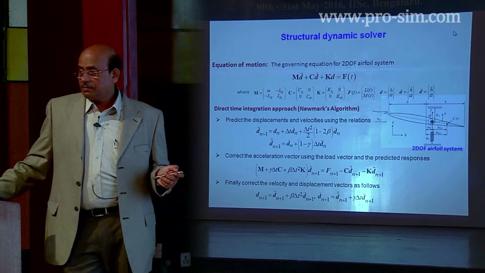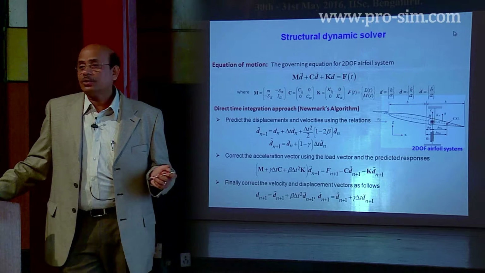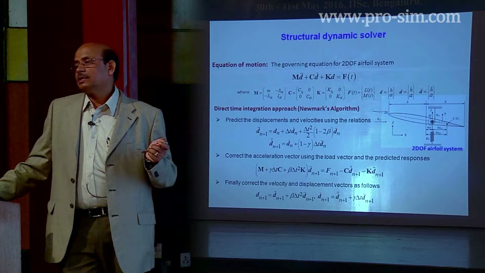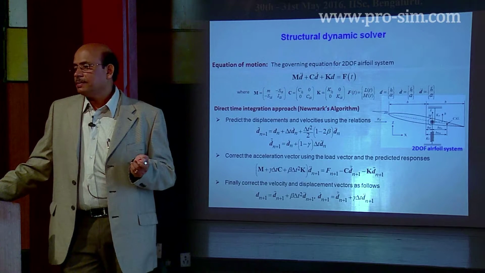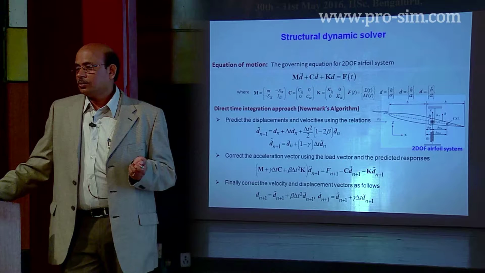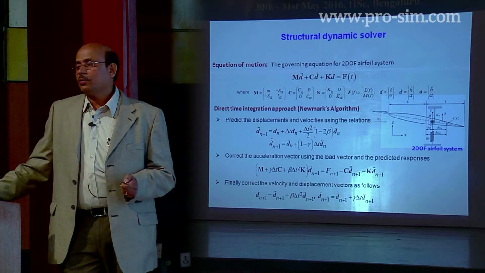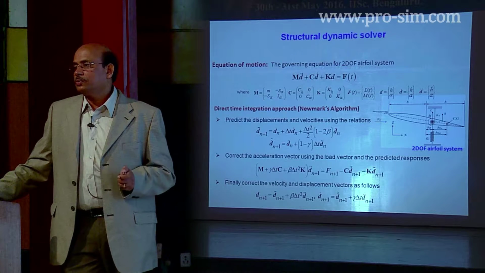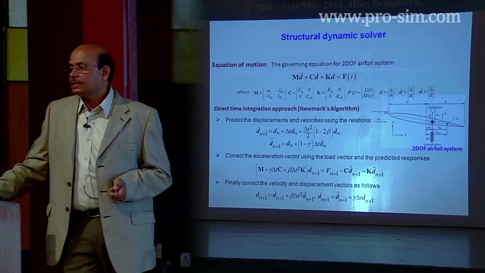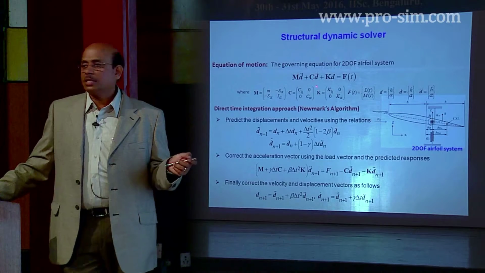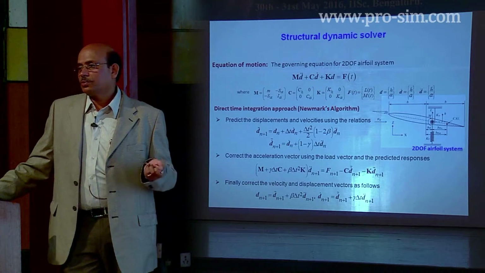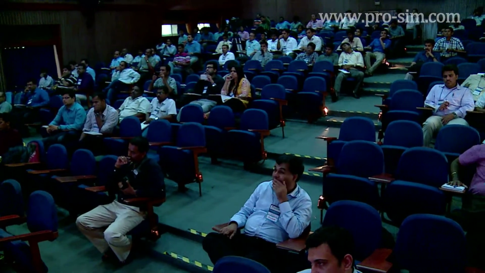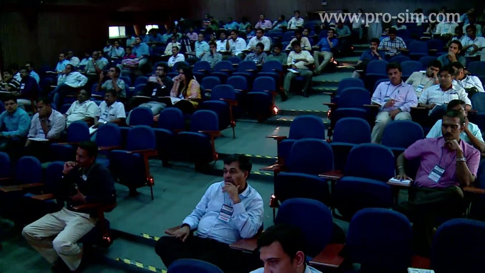Then K represents the stiffness, but the real issue is about F. In all the earlier cases, this F can come from panel methods, like simple panel methods to begin with, and we can also use the whole complex Navier-Stokes equations to put the complete aerodynamic loads calculated from aerodynamics onto this equation of motion. That is one of the most time consuming and complex problems to solve. I will be showing some of those pictures later.